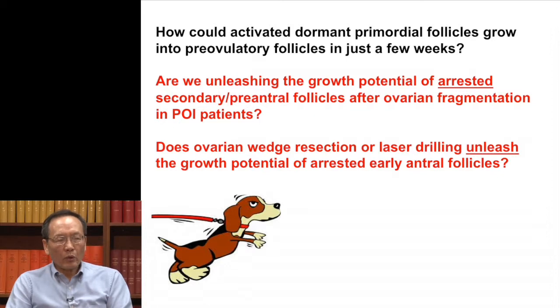So we asked the question, how could activated dormant primordial follicles grow into preovulatory follicles in this patient in just a few weeks? Are we unleashing the growth potential of arrested secondary follicles? Maybe it's really not the primordial follicle that grows all the way. Maybe we're allowing some secondary follicles to grow. So what is the cause of this growth?